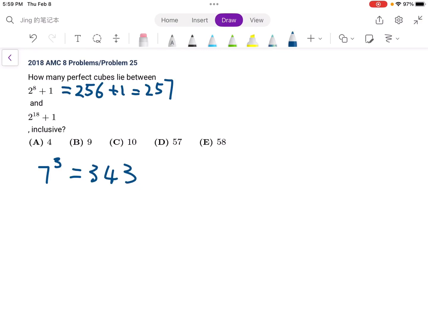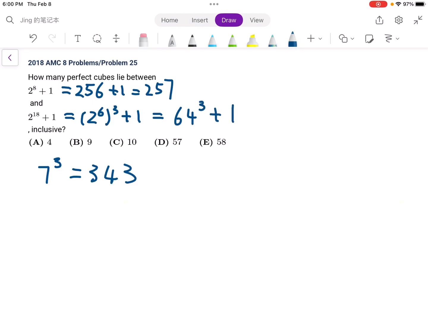And 2 to the power of 18 plus 1 can be written as 2 to the power of 6 to the power of 3 plus 1. And 2 to the power of 6 equals 64, so 64 to the power of 3 plus 1.